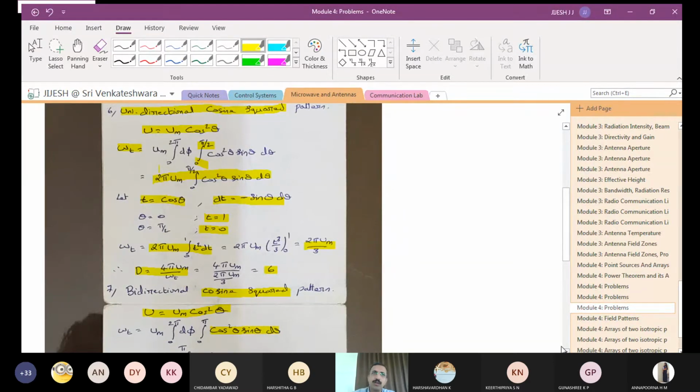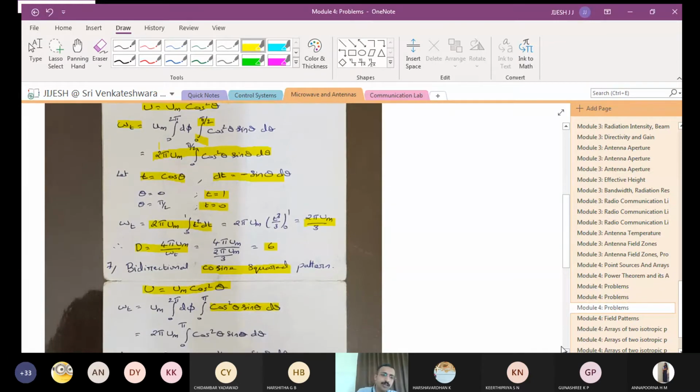I have tried to touch all the knowledge levels like K2, K3 and K4, and as per analyze and understand, all these knowledge levels have been incorporated in your question paper. You might have found it to be moderate, not too easy and not too difficult. If you are studying well, you might not have faced much problems.